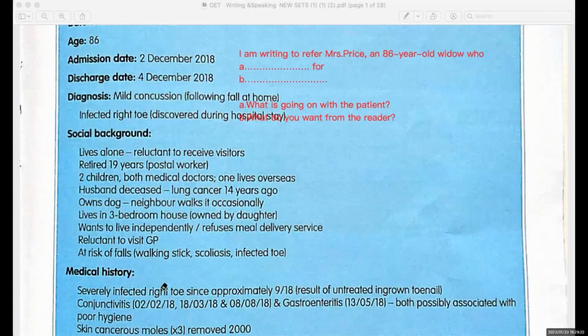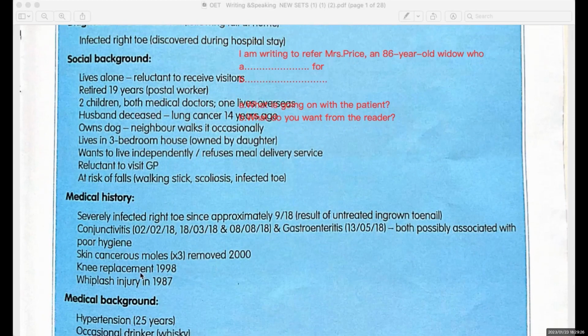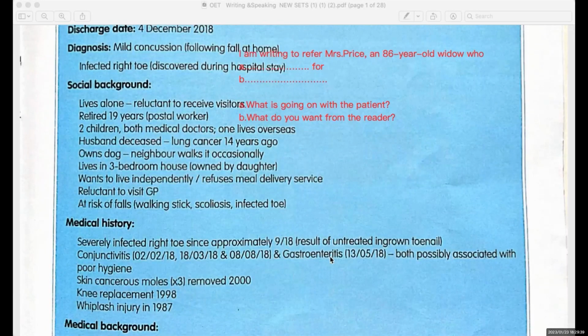Now let's take other kinds of roads. Let's think about the medical history. Now we said managed for mild concussion. Does severely infected right toe, conjunctivitis, skin cancer small, knee replacement, whiplash injury, do they prove management for mild concussion or just concussion?